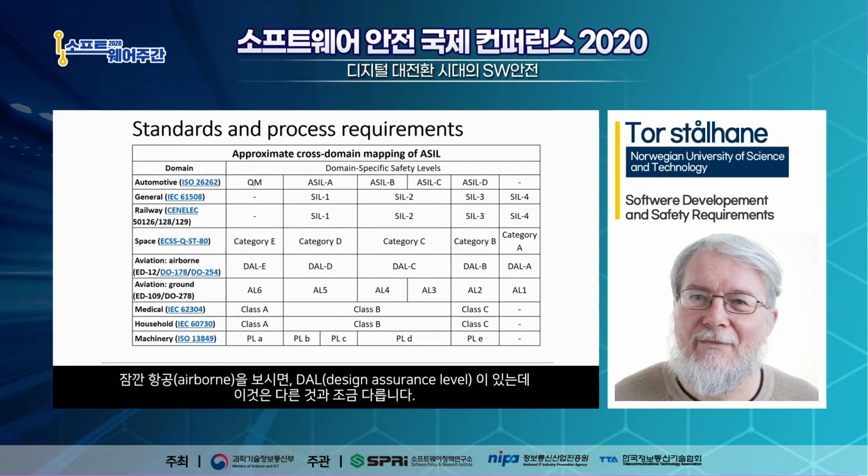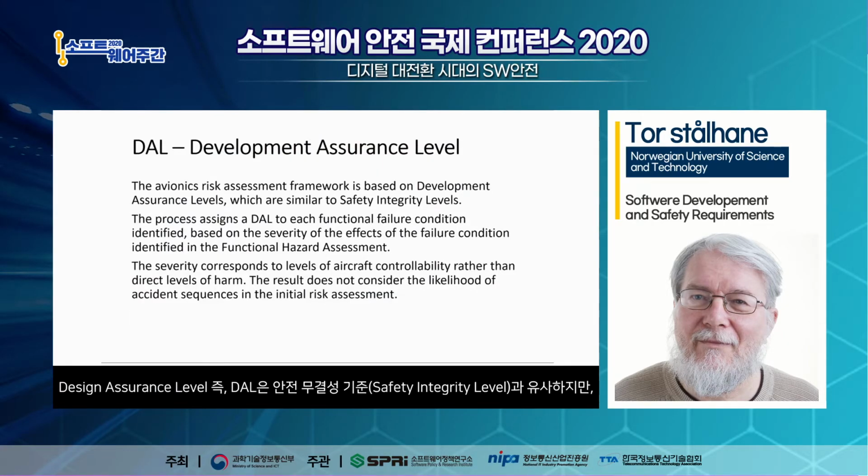Let's look a little at the airborne systems because they have this DAL factor, which is slightly different from the others. So development assurance level, DAL, is sort of similar to safety integrity level, but just as for automotive and for machines, there is a DAL assigned to each functional failure condition.